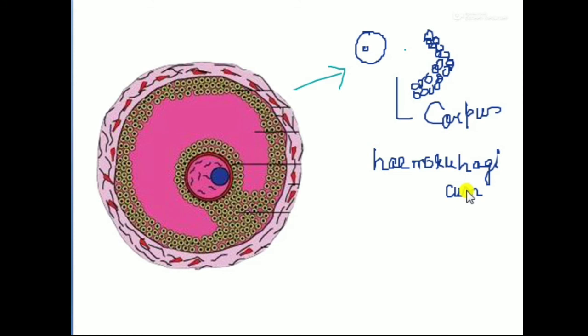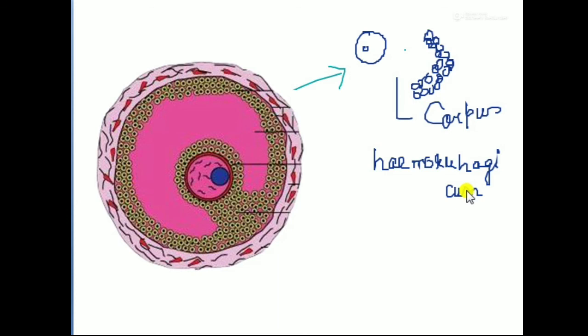Actually, hemorrhagicum is a temporary structure formed immediately after ovulation from the ovarian follicle, and it collapses and fills with blood, which quickly clots.